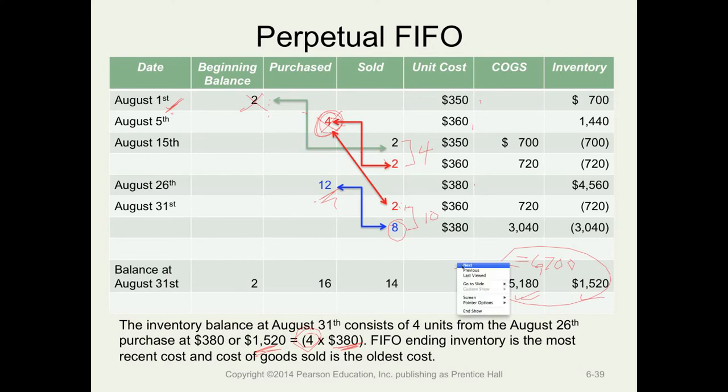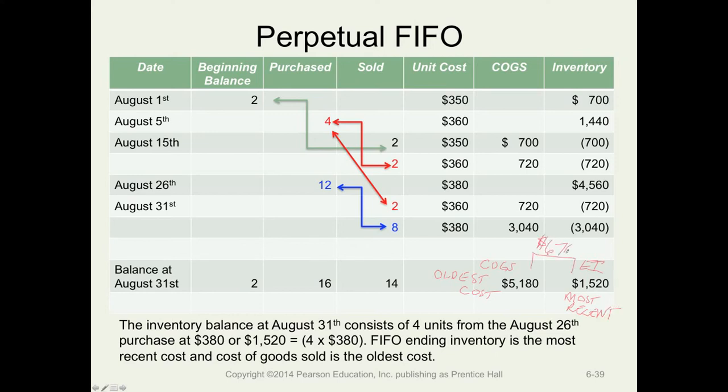Cost of goods sold is the oldest cost, and ending inventory is the most recent. And again, the total has to equal 6,700.